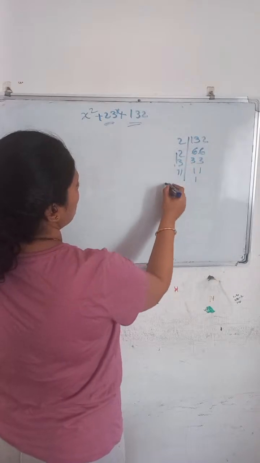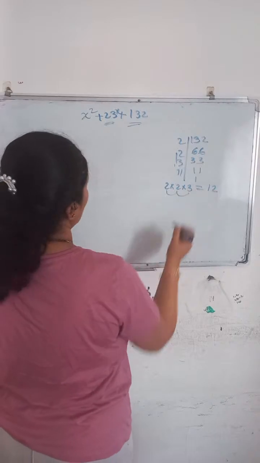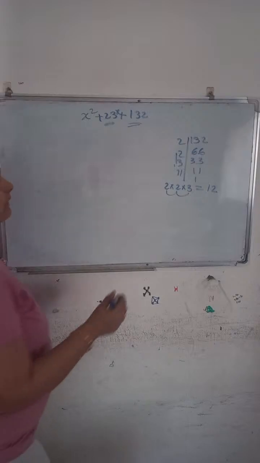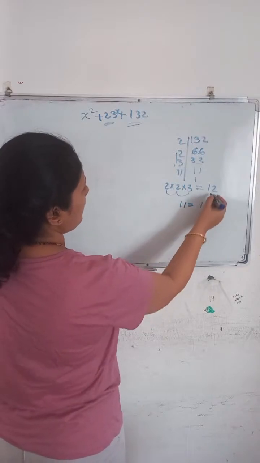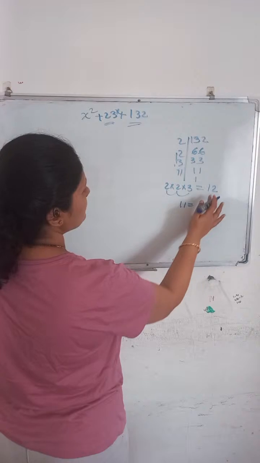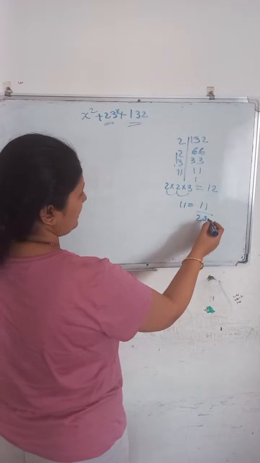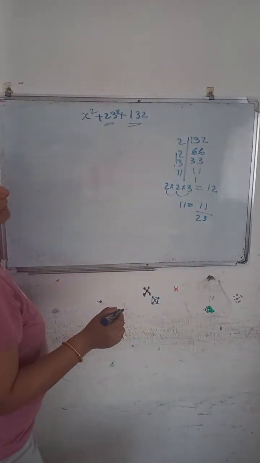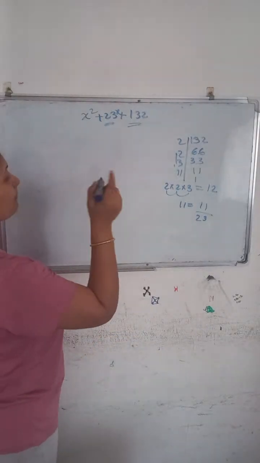Now 2 into 2 into 3. 2 2s are 4, 4 3s are 12. I got the middle term 23. And 11 is nothing but only 11. So if we add 11 plus 12, we are getting 23, and 11 into 12 is nothing but 132, and both should come positive.